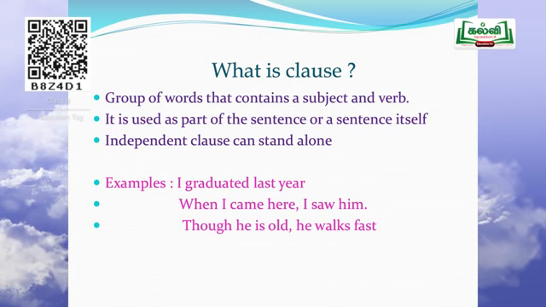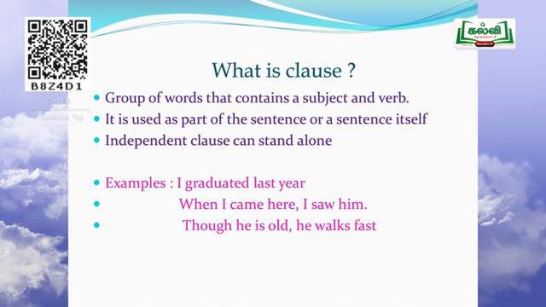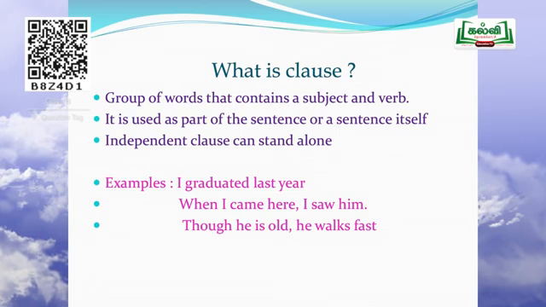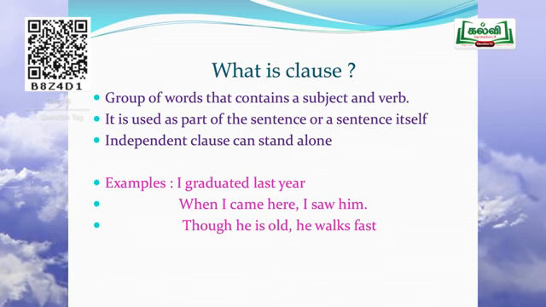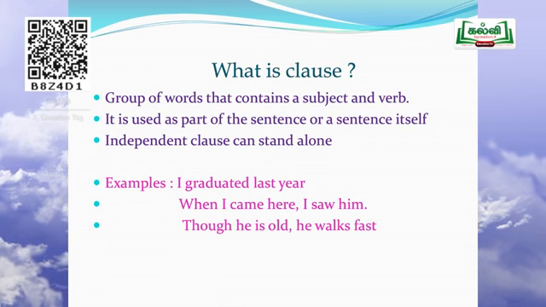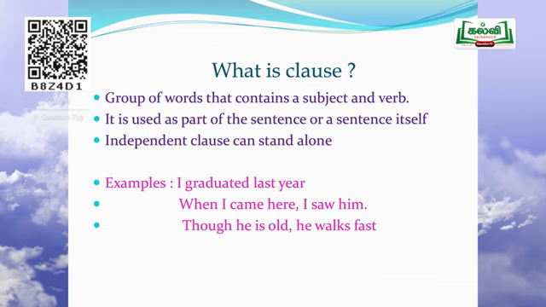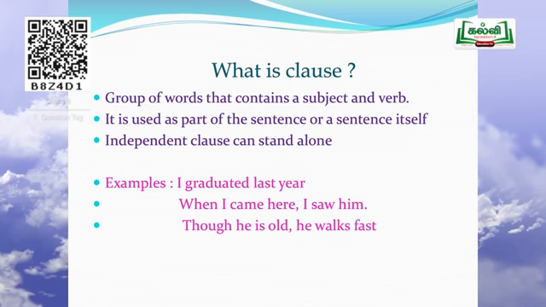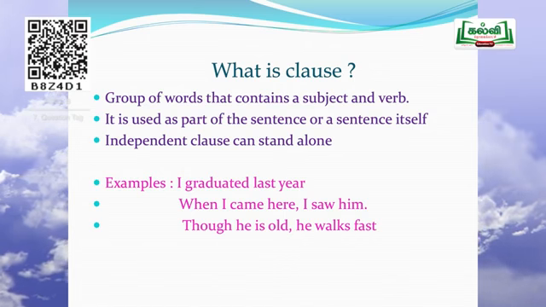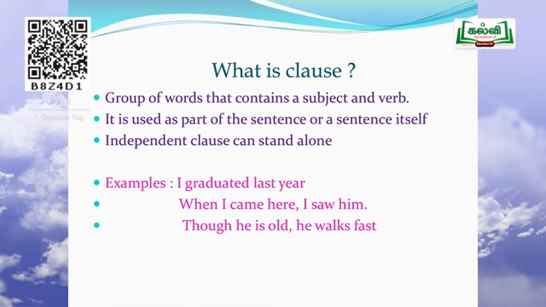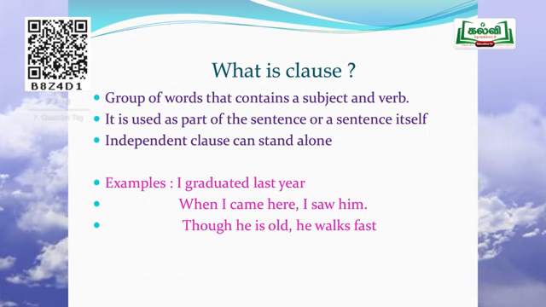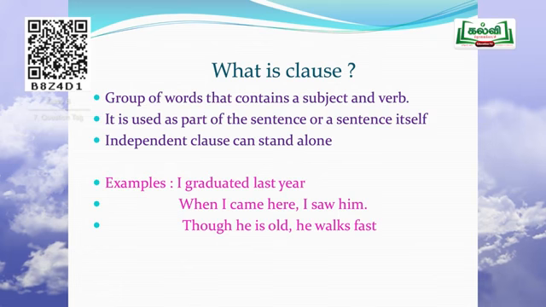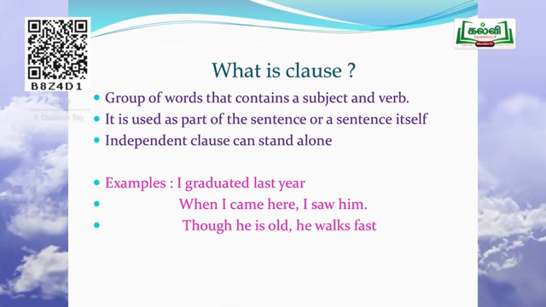There are two kinds of clause: one is the independent clause, another one is the dependent clause, the main clause or subordinate clause. A main clause can stand alone and gives the complete meaning, whereas a dependent clause depends upon some other part to give the complete meaning.